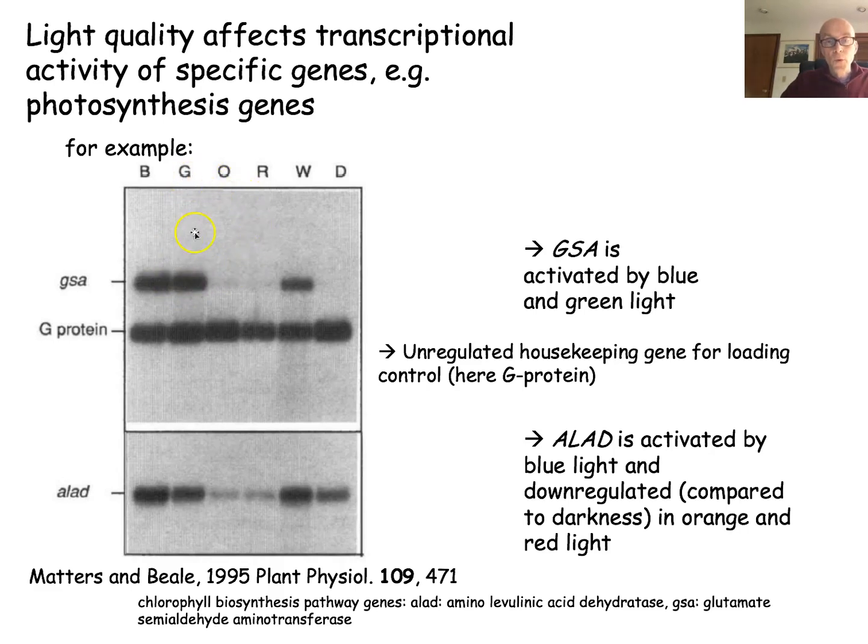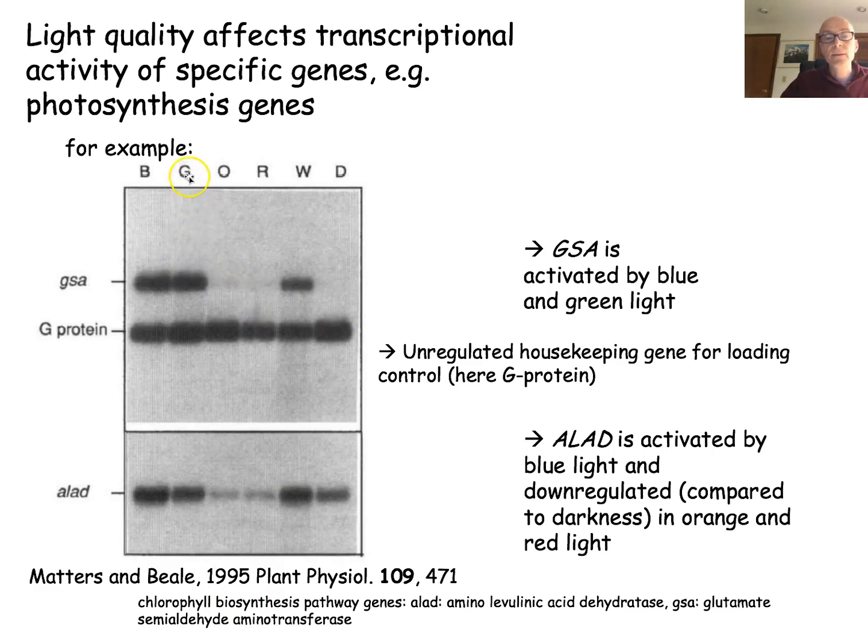So the point of this slide here is that RNA analysis by northern blotting can be done to determine the expression of specific genes, in this case photosynthetic genes, that are activated by specific light qualities.